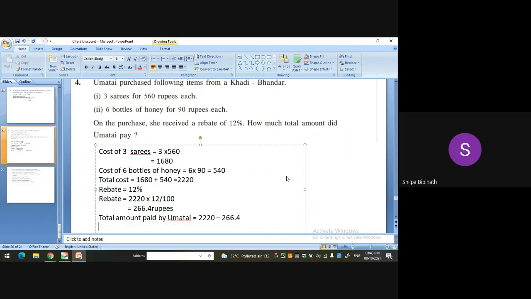So what will be your answer there? 1,953.6 rupees. So I'm writing here in words, you can write the symbol of rupees also. So this is the total amount paid by Umatai.